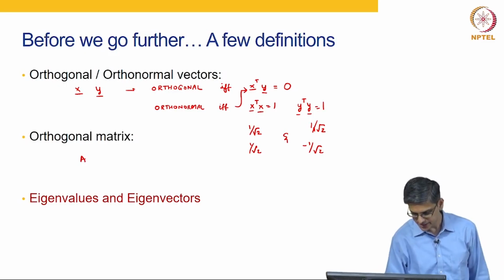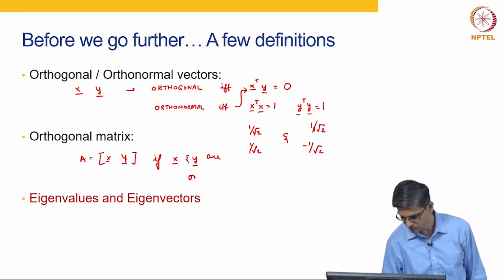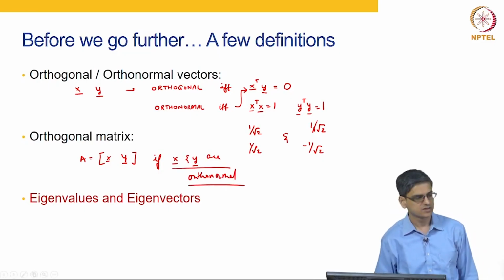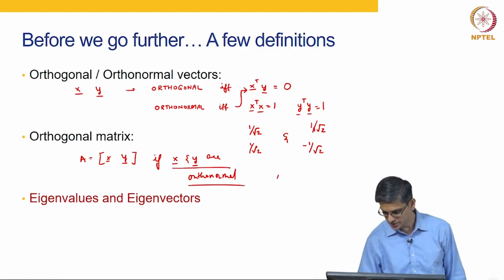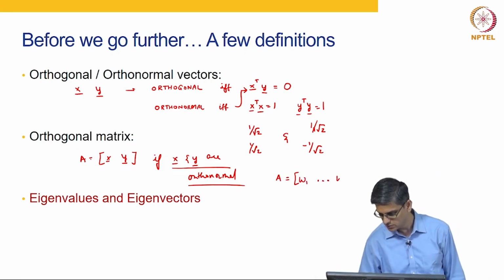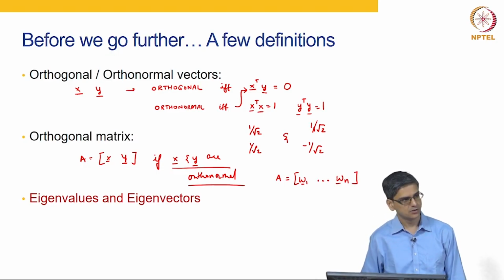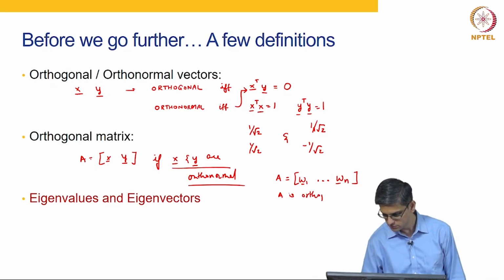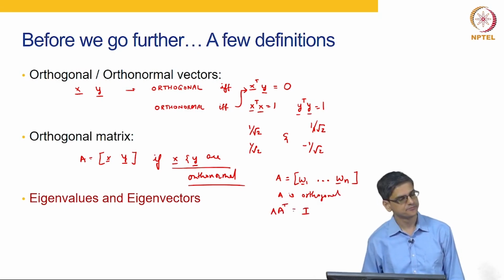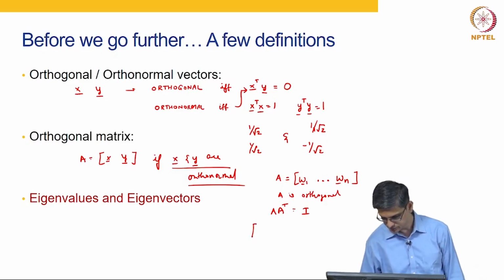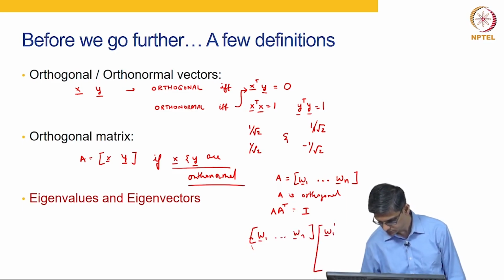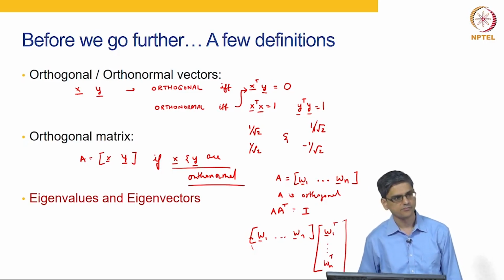Orthogonal matrix A is, this is one more rule, if A is W1 bar up to Wn bar, then A is orthogonal means A transpose A equal to identity, which is also equal to A A transpose.